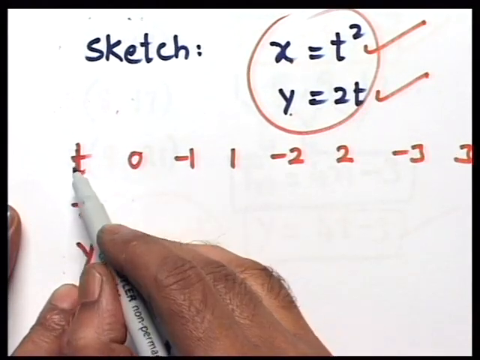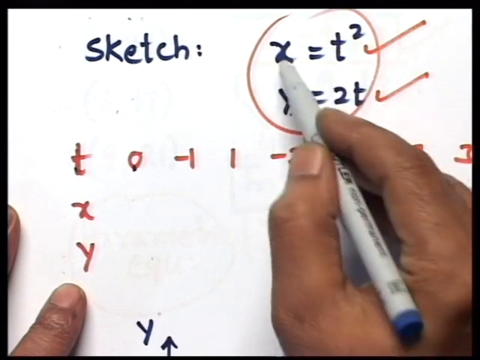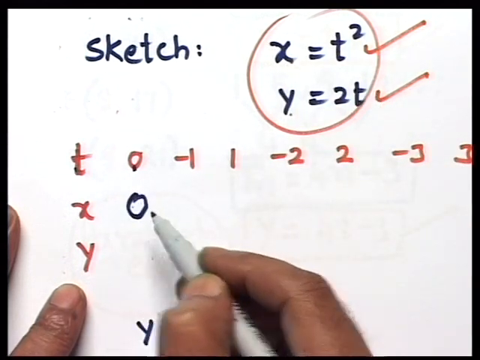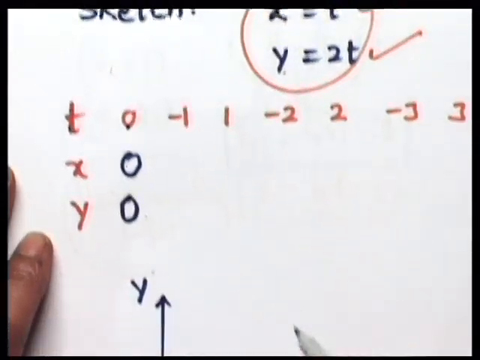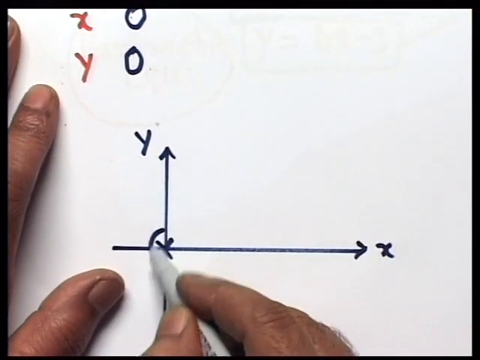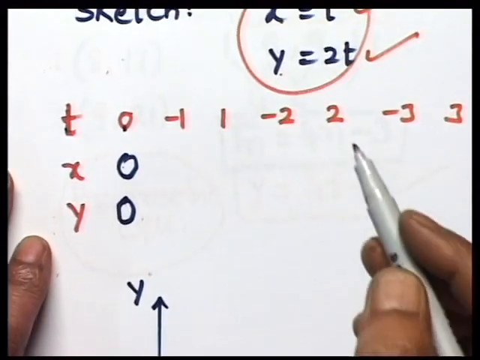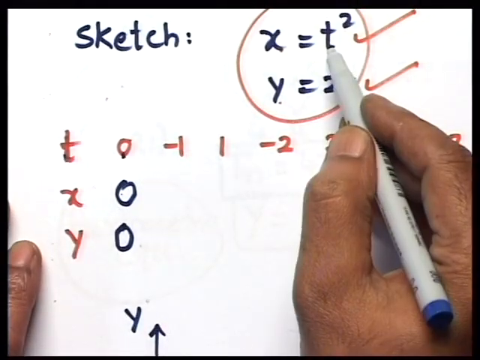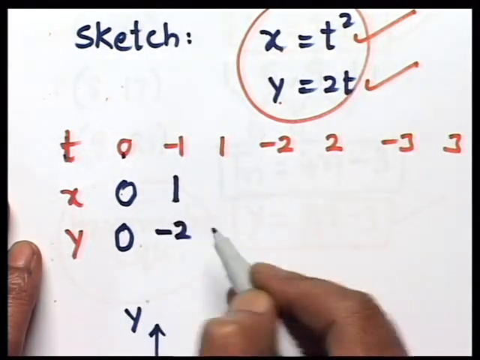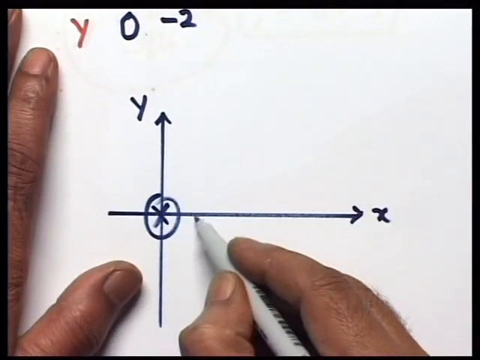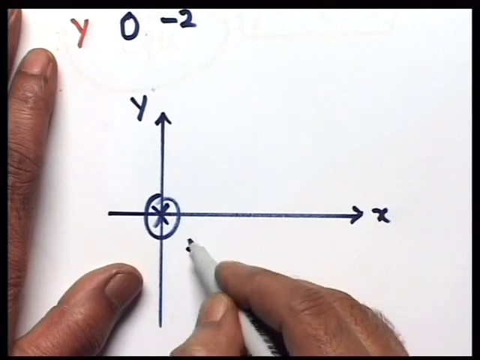If t is 0, I have x coordinate 0, and if t is 0, the y coordinate is also 0, so I do have a point there, 0, 0. Then I substitute minus 1 there. So the x coordinate becomes 1, the y coordinate becomes minus 2, right? So we have 1 and minus 2 somewhere down there.